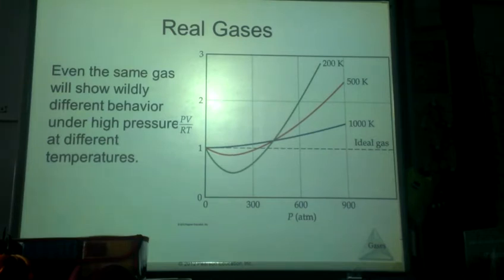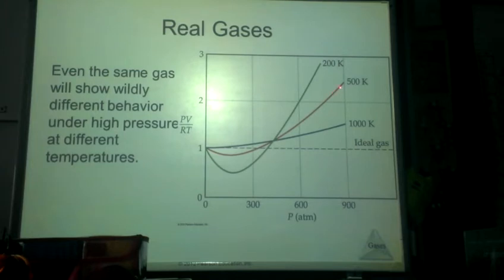As the temperature increases, the behavior of a real gas is going to approach that of an ideal gas. If I'm looking at the same sample at 200 Kelvin, I see that it's going to deviate a lot from an ideal gas at high pressure and low temperature.